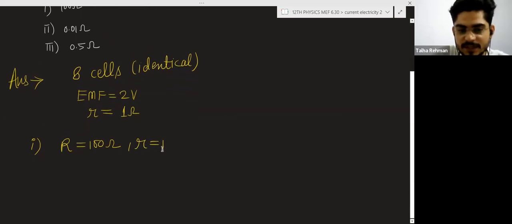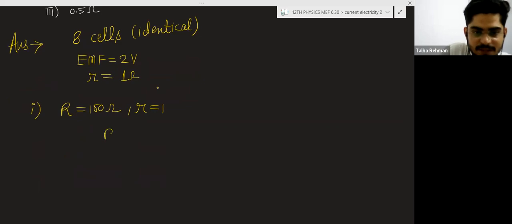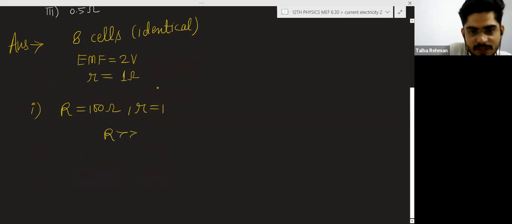Here, when you take this external resistance of 100 ohm, the internal resistance we already have is 1 ohm. So can you say that this external resistance is much greater than the internal resistance?